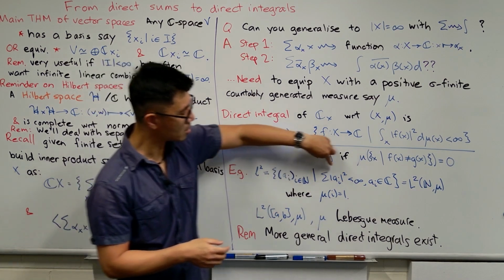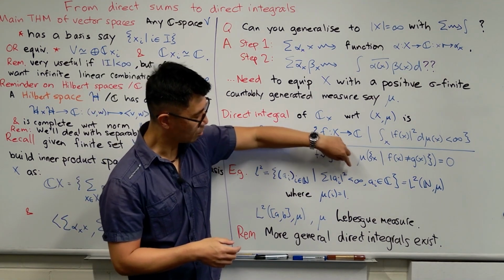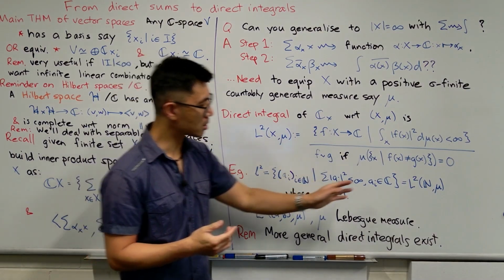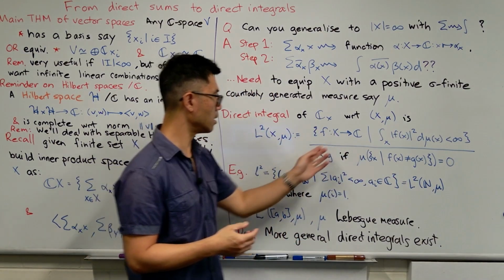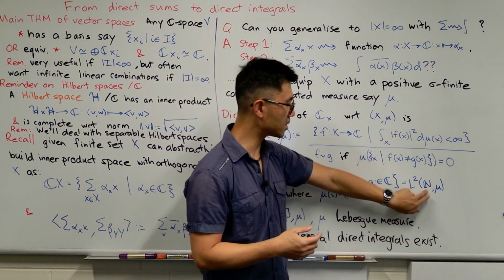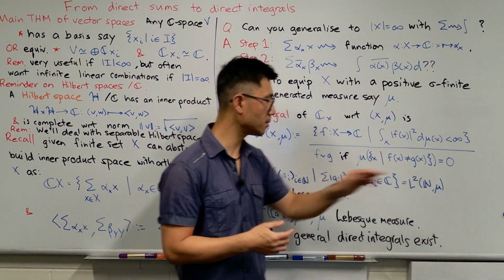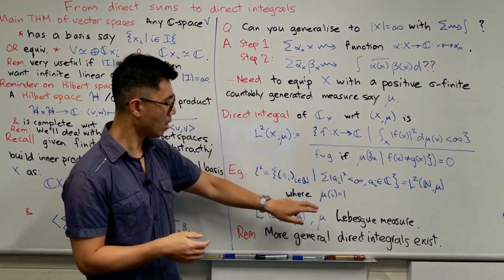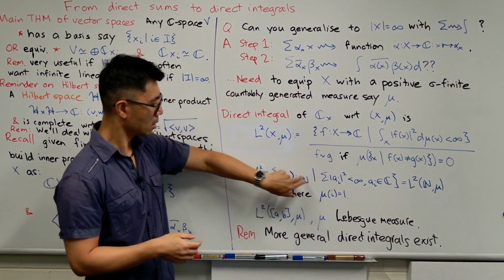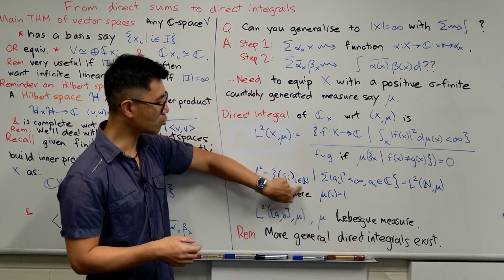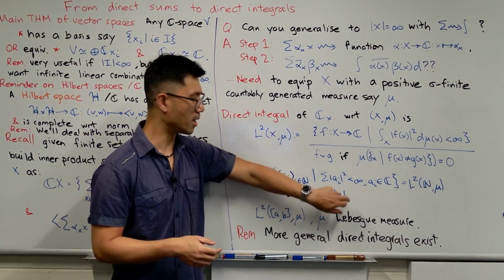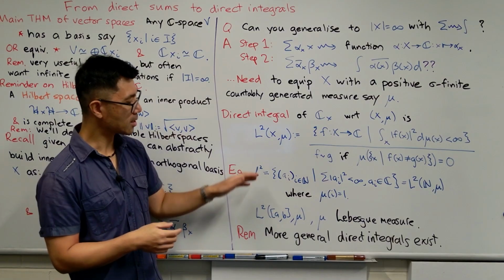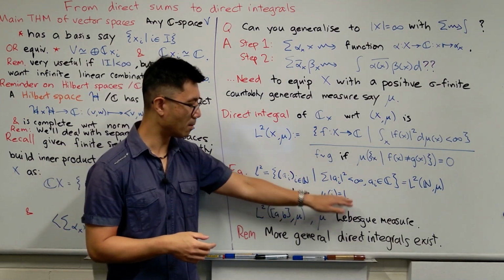You want the sum of the squared moduli to be finite. And this basically corresponds to this setup here. It's a direct integral where your set is the infinite set of natural numbers N, and the measure mu here is just, for each of these natural numbers i, the measure of i is equal to 1. That's how you weight it. And of course, that's still a discrete sort of measure.